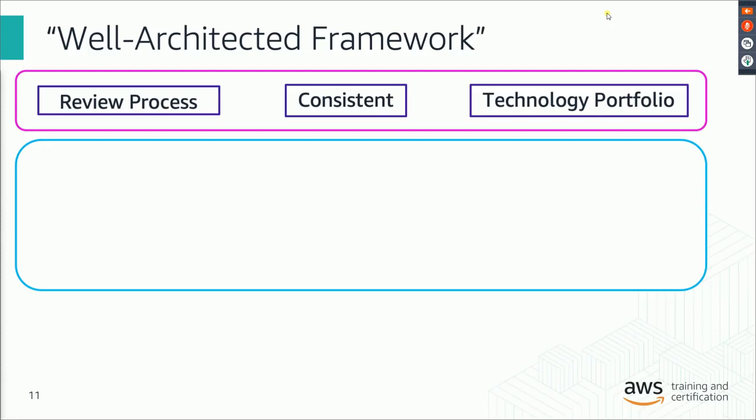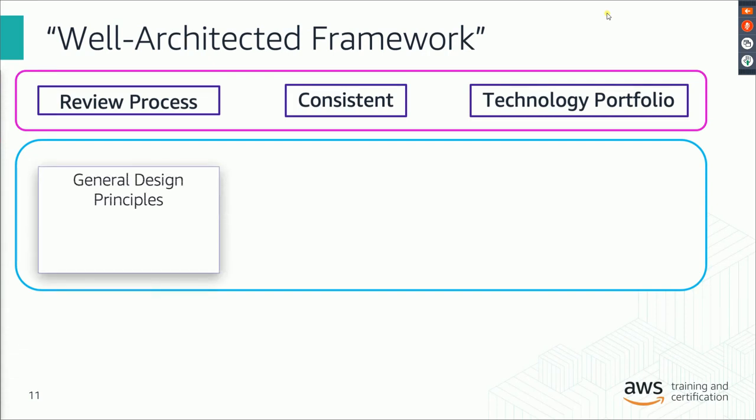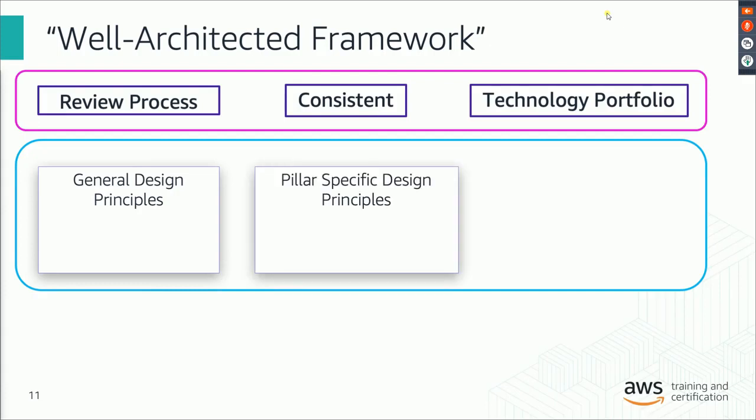It gives you a good process. It sets a consistency in how we do it, and lets you ask the set of questions that we saw before, right? All technology portfolio related questions that you might have, that is important. The way the well-architected framework is structured, you have a set of general design principles, which are paramount in how you look at the system from a context perspective and a component perspective. When you go down into specific areas, we look at the 5 pillars.